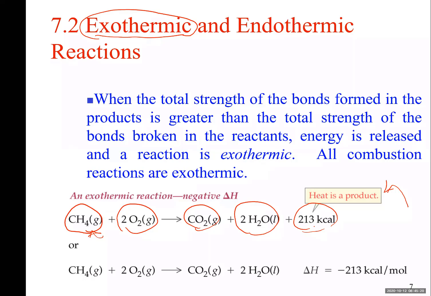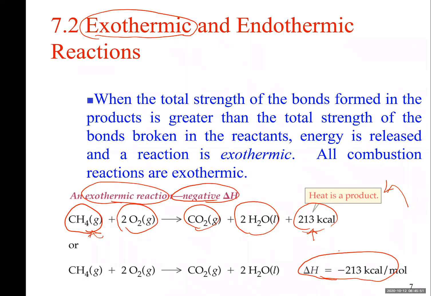Can I say, because I wrote heat on the product side, heat is generated, heat is released. In other words, this reaction is exothermic, producing heat. And we said there are 2 methods of showing an exothermic reaction. One is to say that delta H is negative 213 kilocalories per mole.